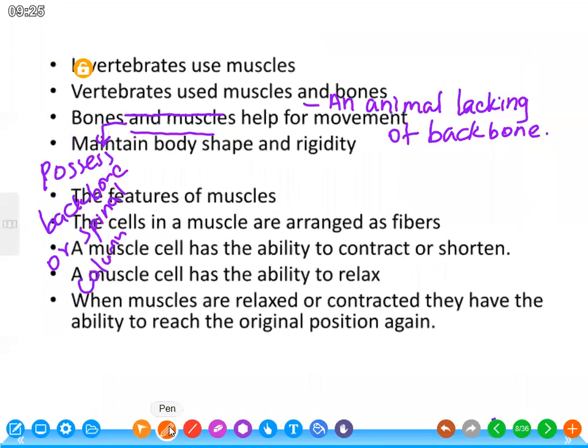Mammals, birds, reptiles, amphibians, and fishes come under vertebrates. So bones and muscles help for movement, and also maintain body shape and rigidity.